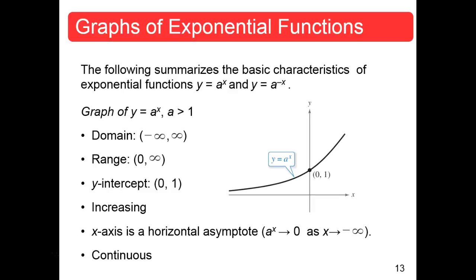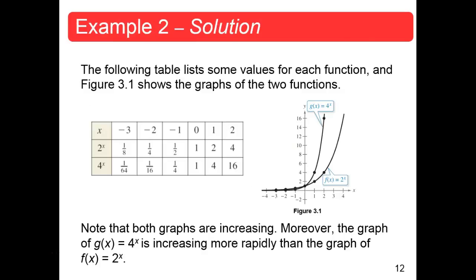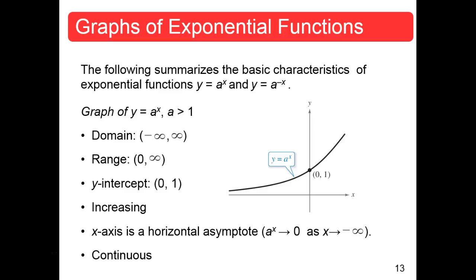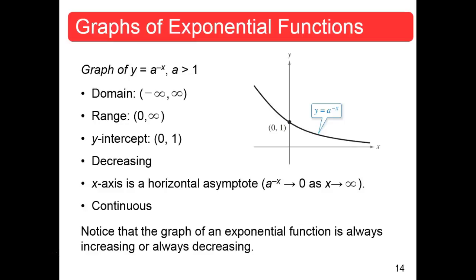Equal to 1, it would be flat. Slightly less than 1, it would be coming down like this, and then steeper and steeper.